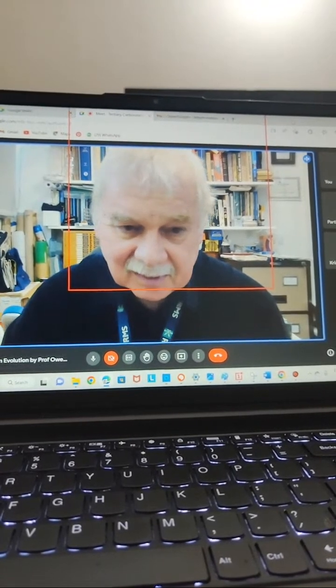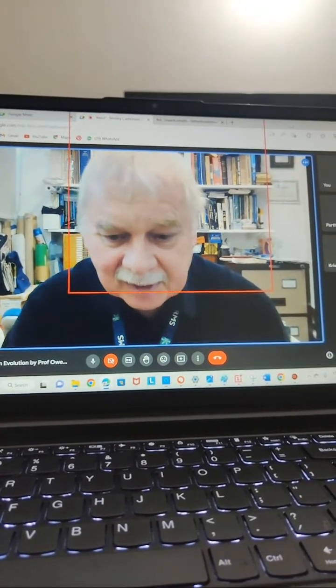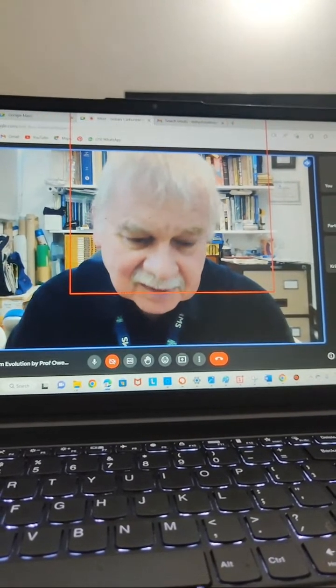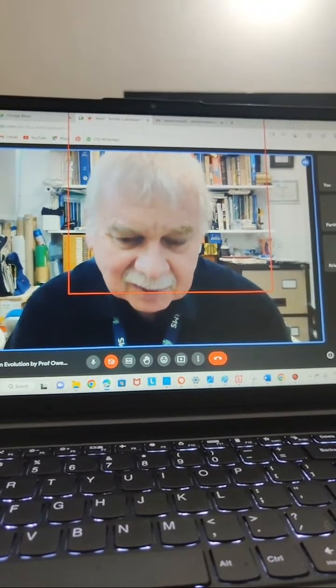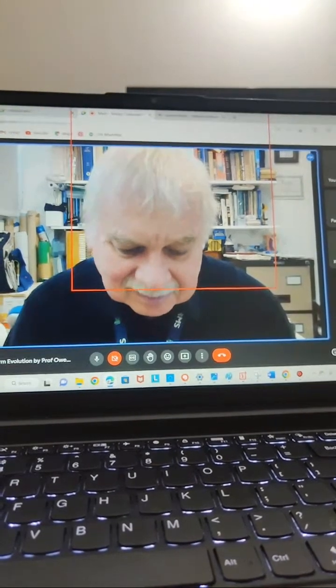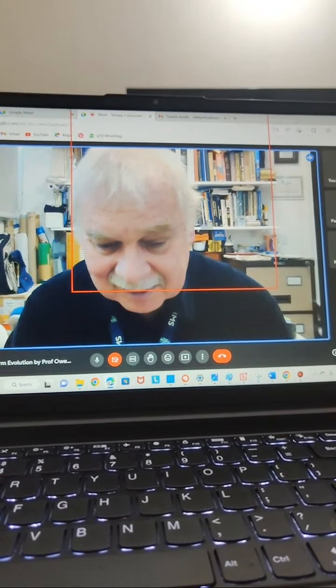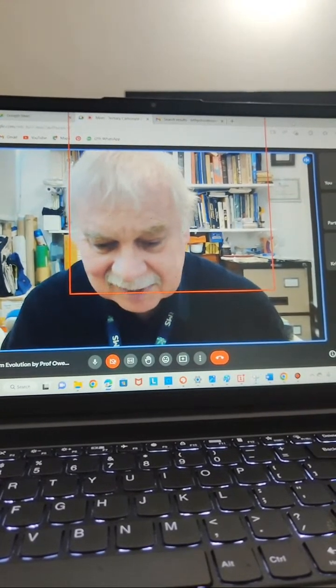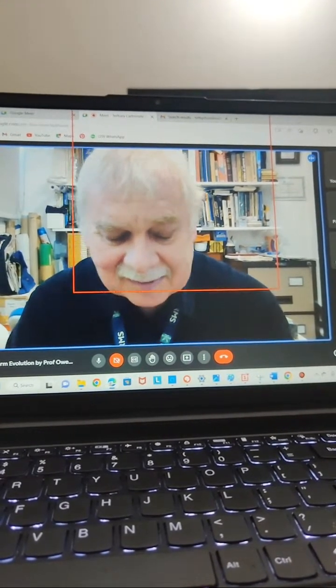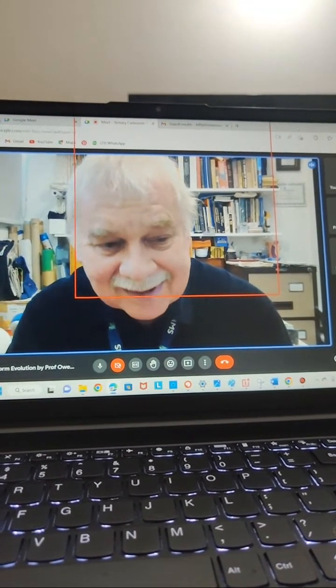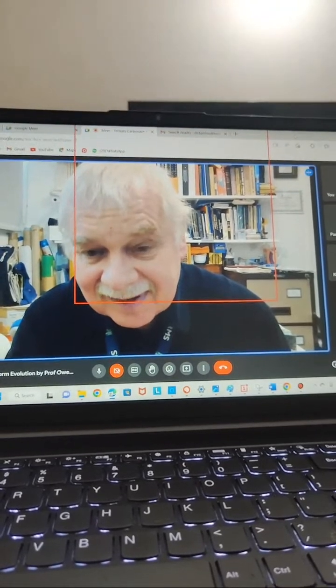And of course, looking at fossils, children of all ages can recognize something that is a fossil, or when it's explained.